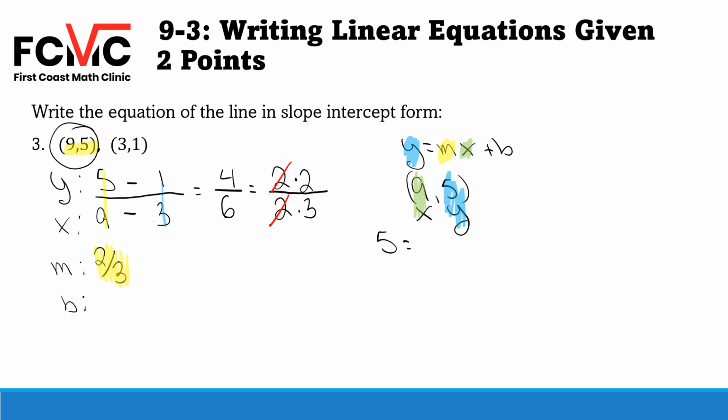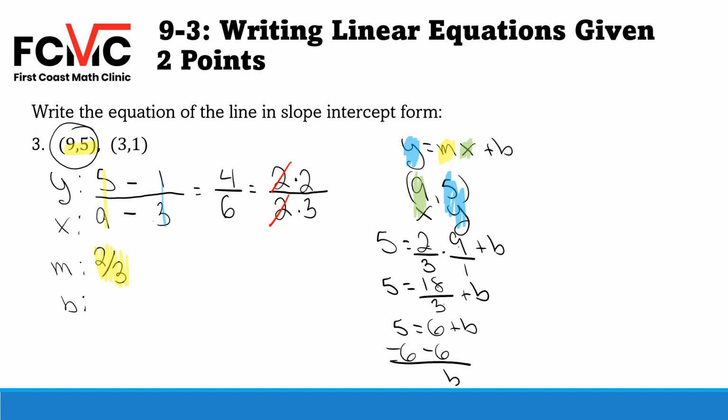So 5 equals 2/3 times 9 plus b, put the 9 over 1, multiply straight across. 2 times 9 is 18. 3 times 1 is 3. Plus b, 18 divided by 3 is 6. Plus b, subtract 6, and we get b equals -1.